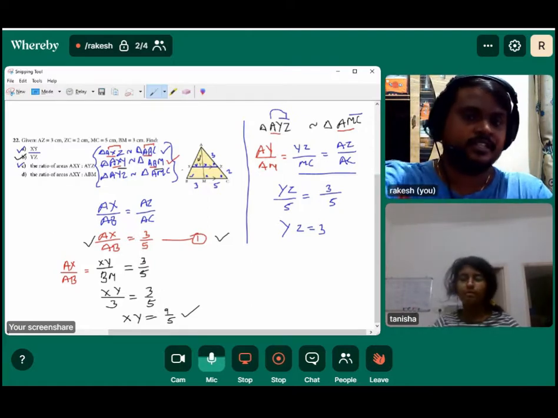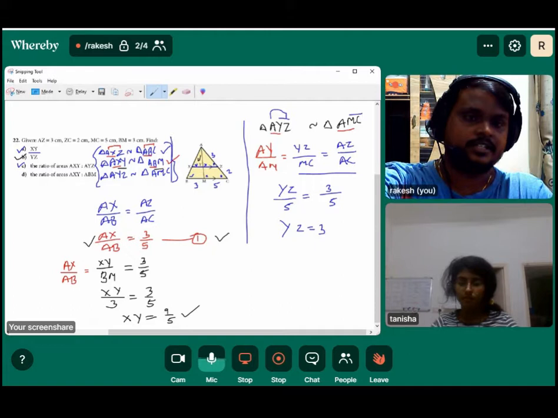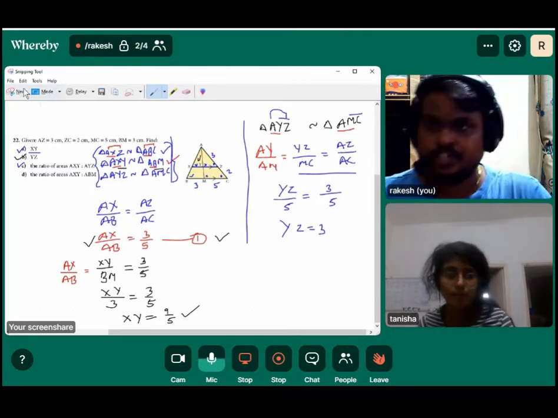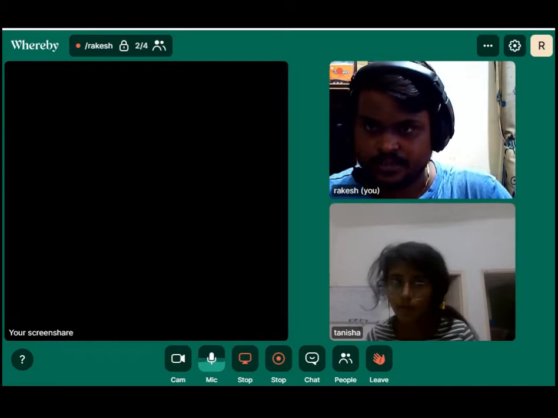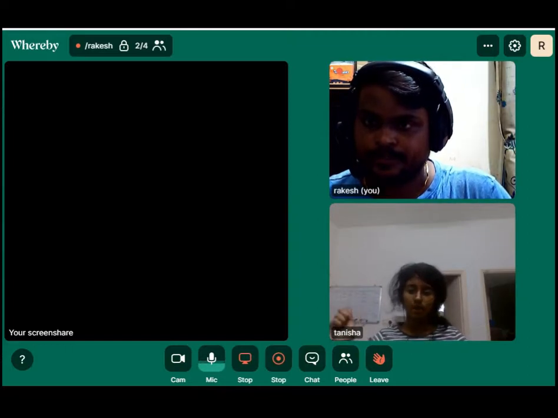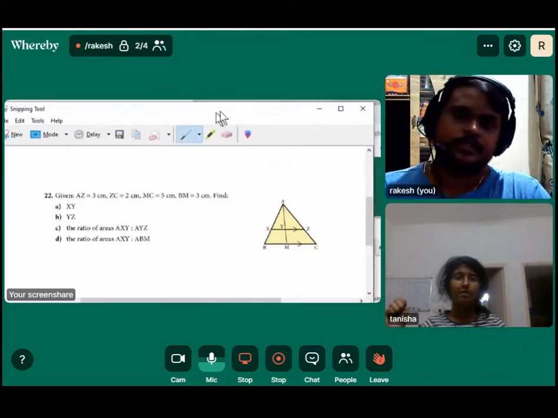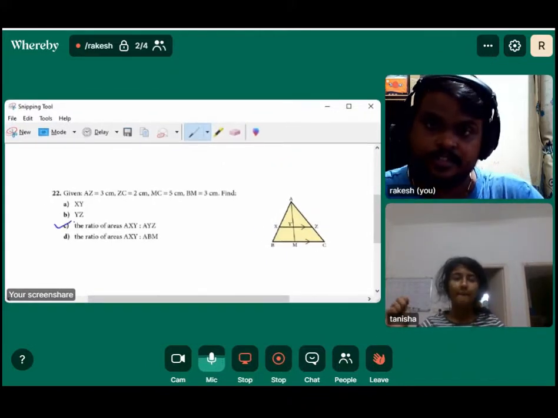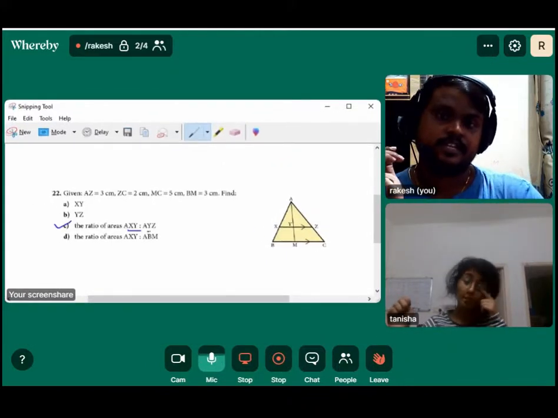Have you copied these triangles? Okay, let me open the question again so that it is visible properly. You have to find the third one, the ratio of the areas of AXY and AYZ.